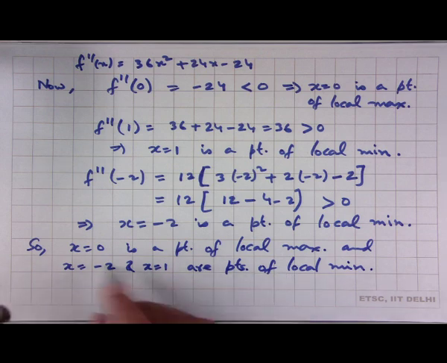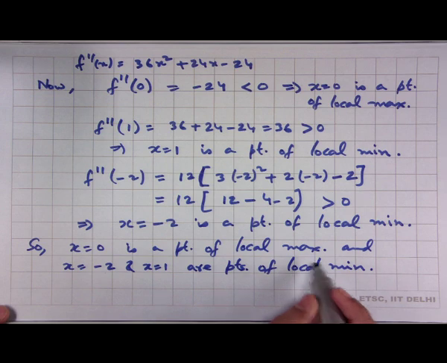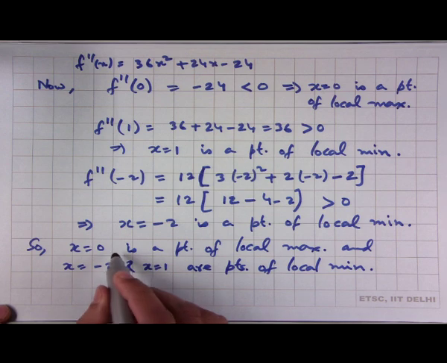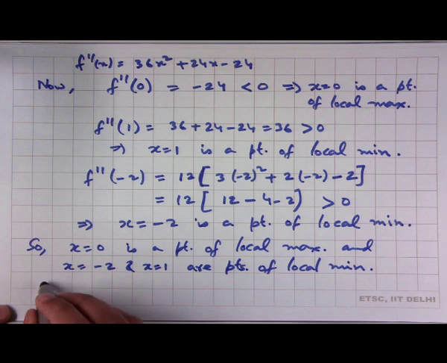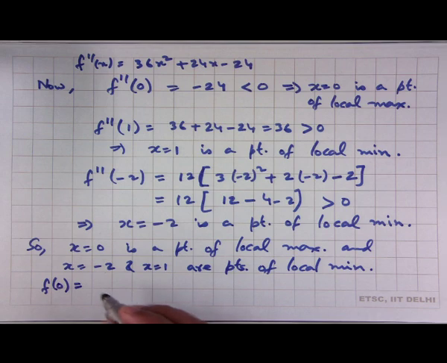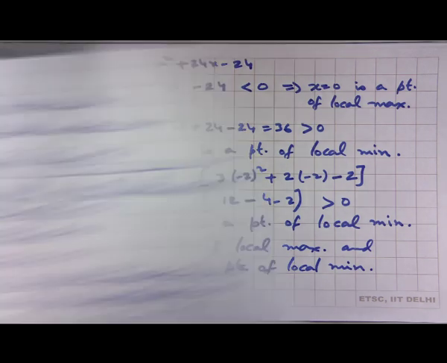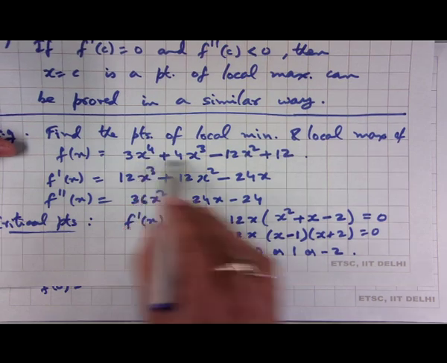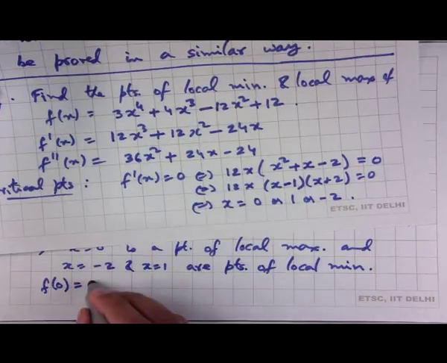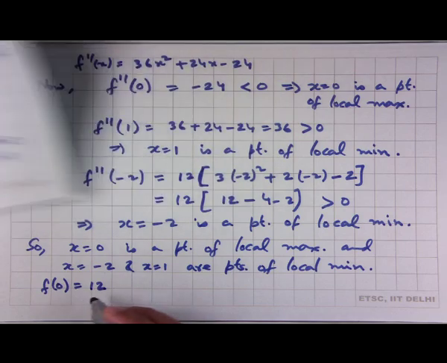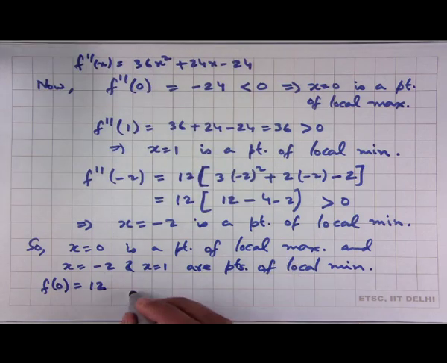We can also use this to find what is the minimum value and maximum value. So, if we look at the value of the function at these points, f of 0 is equal to 12. So, this is the value at local max.